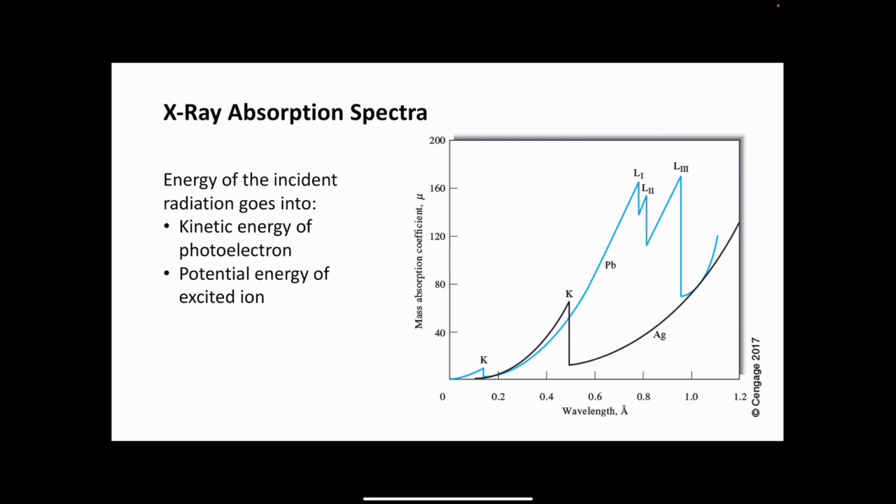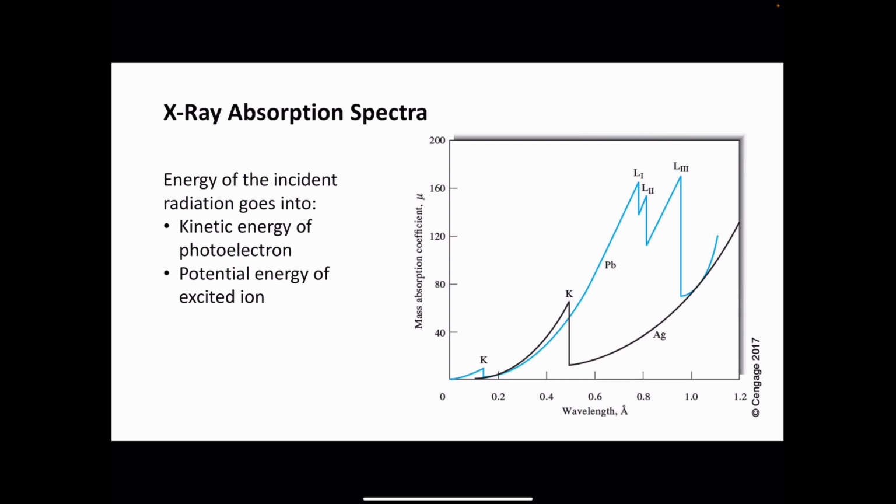And these contain a few well-defined peaks, as you can see in the figure here. The wavelengths of the absorption maxima are characteristic of the element and are largely independent of its chemical state. Absorption of an X-ray photon causes ejection of a core electron, resulting in an excited ion.